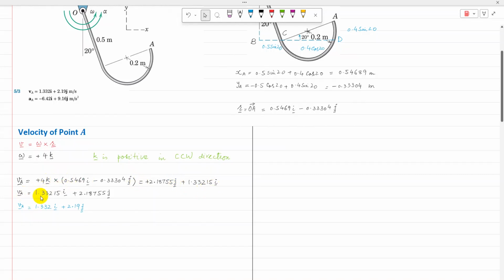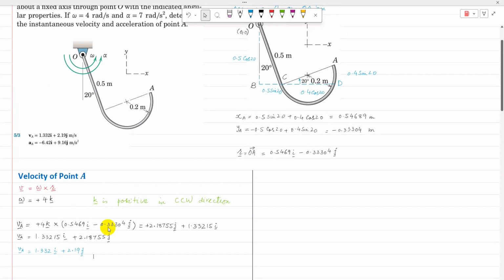So v_A comes as minus 1.332 i plus 2.19 j, and that's the answer. This is the instantaneous velocity at point A. The positive x component shows that point A has a velocity towards right, and the positive y component shows that point A has velocity upward. This is physically reasonable because the body is rotating counterclockwise about O.